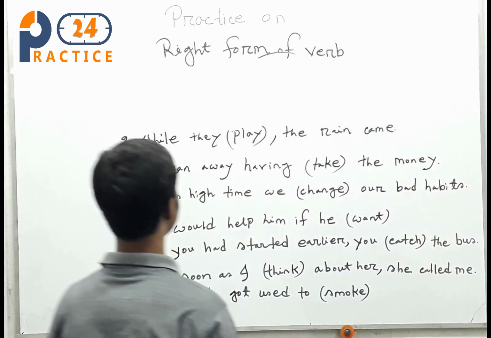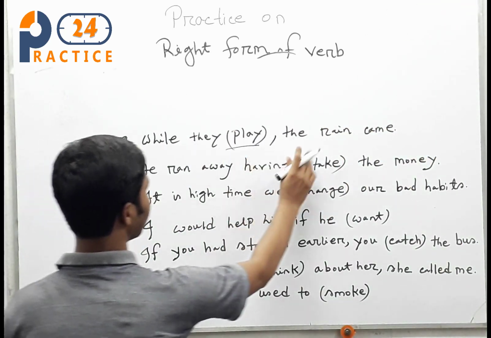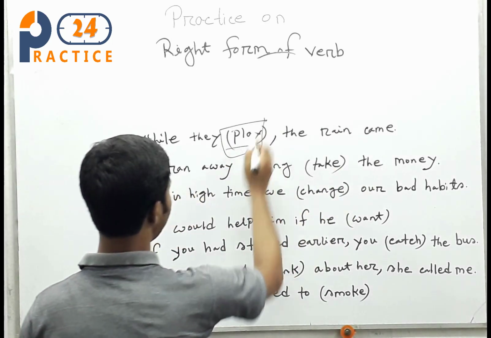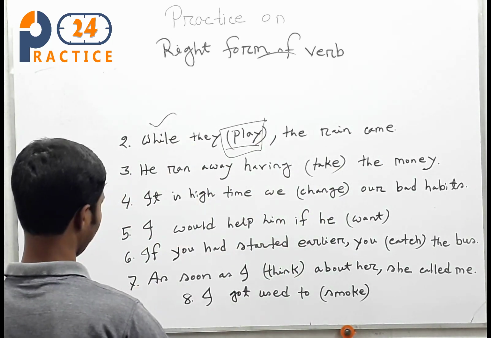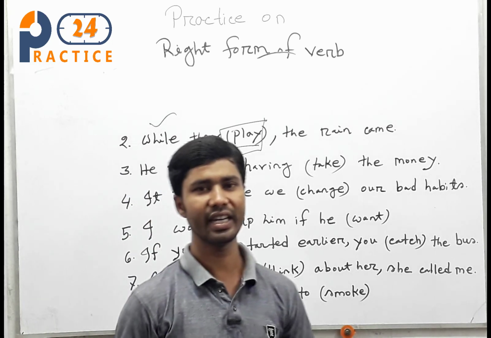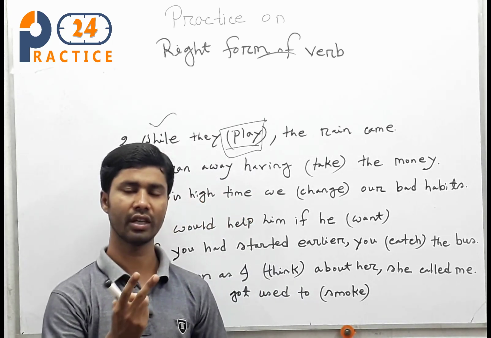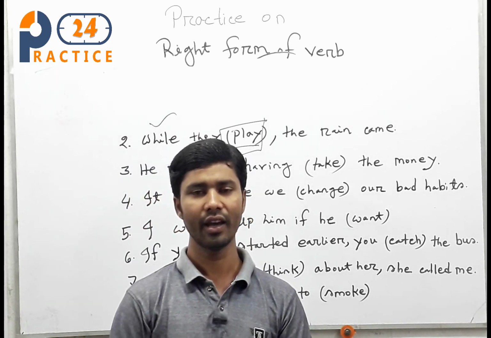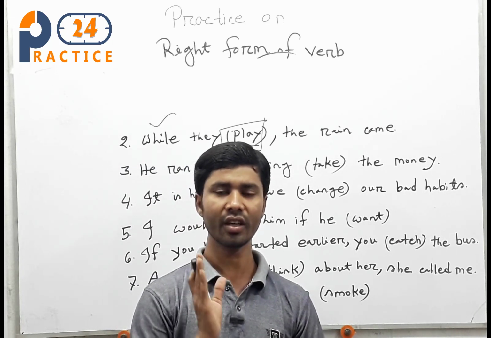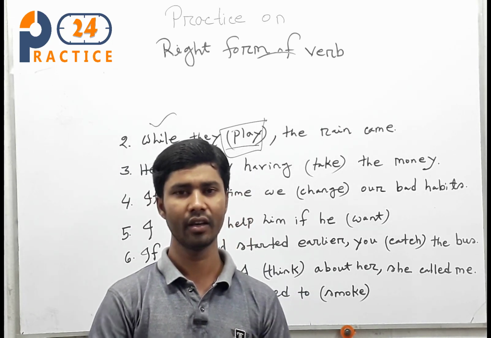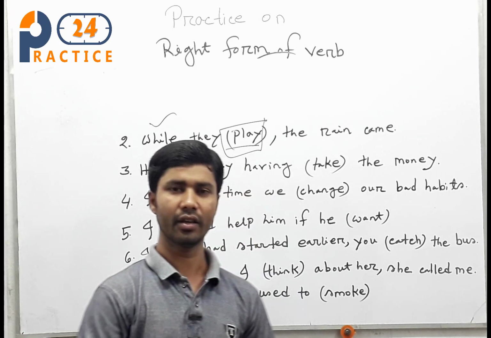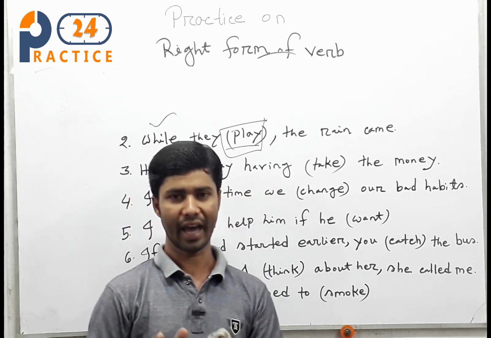Here is the next example: While they play, the rain came. Here play is the verb and while is the rule. If you find while in any sentence, while follows two rules. The first rule is while before the verb: if you find the word while before the verb, then the verb will be in ing form.